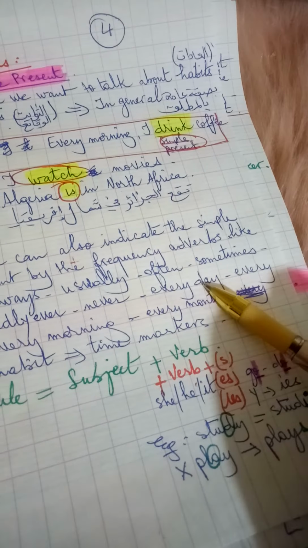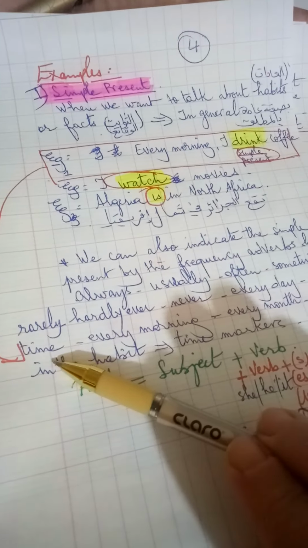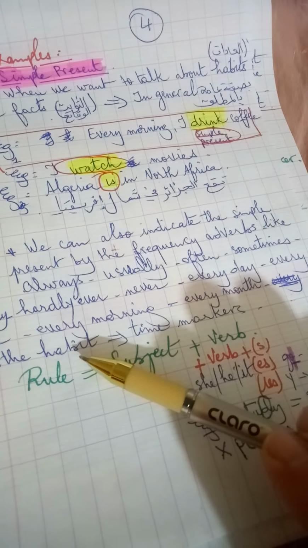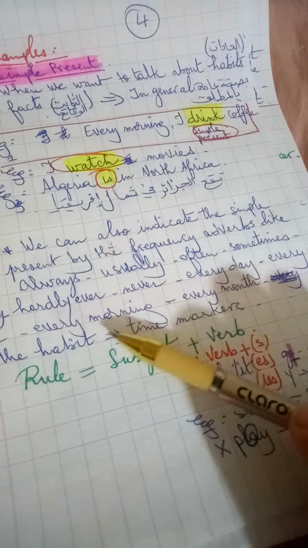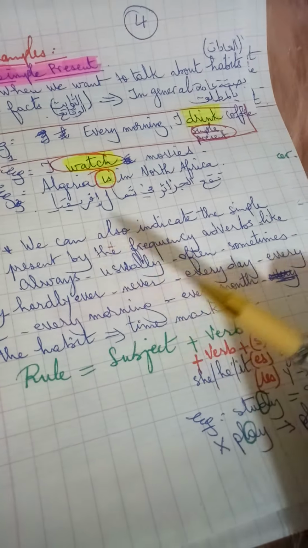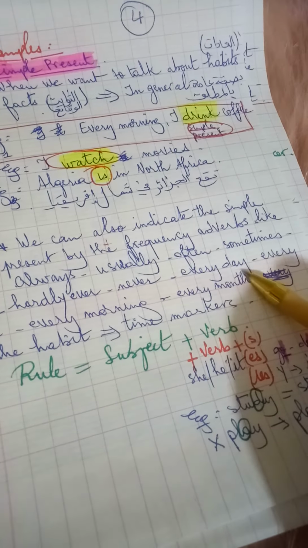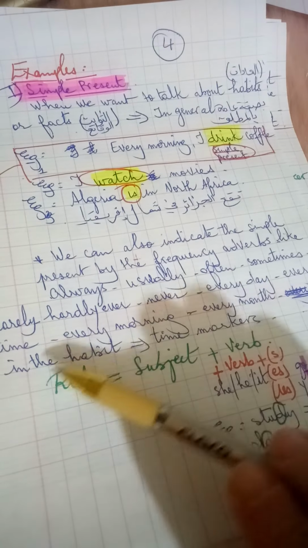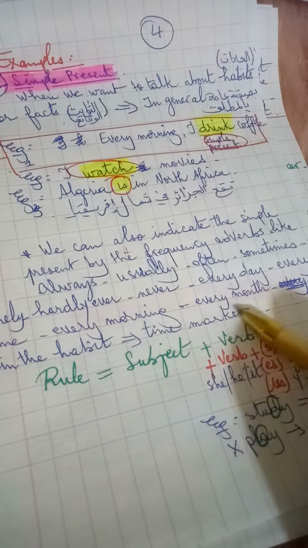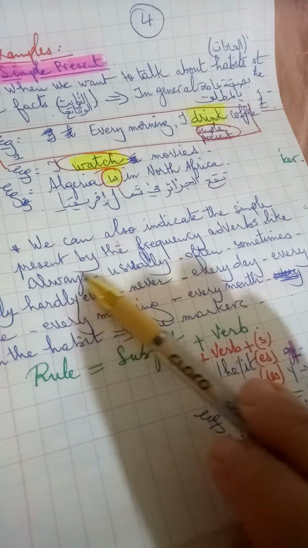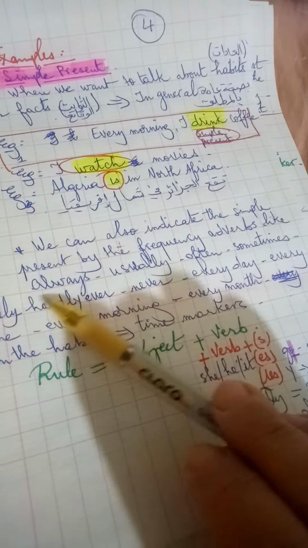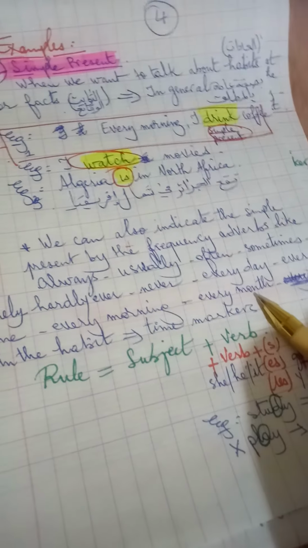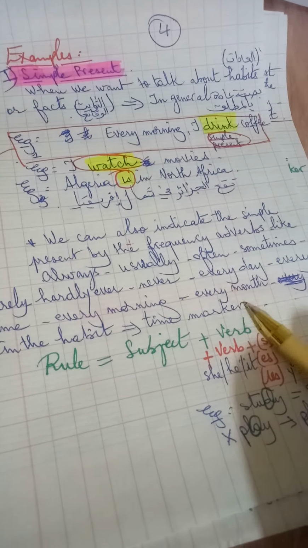Every day, every time, every morning, every month, every year, every hour, every second. All of these come with the word every and we add a tense here. These we call time markers and these we call frequency adverbs.